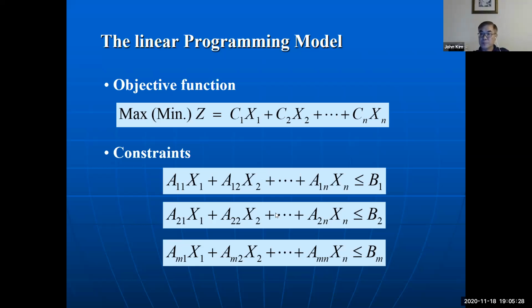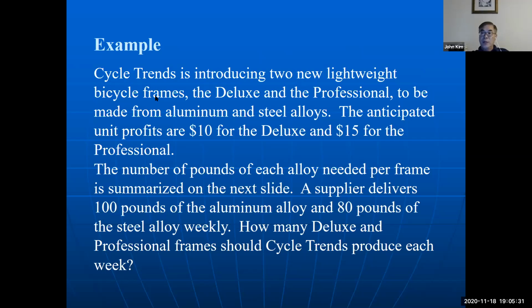Example. Cycle Trend is introducing two new lightweight bicycle frames. One is the deluxe type, and the other one is the professional type. And they use materials, aluminum and steel alloys. The anticipated profit will be $10 from deluxe and $15 from professional.